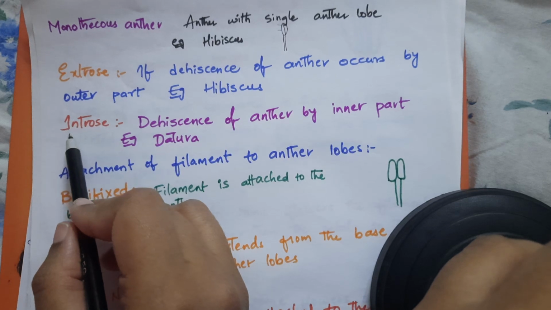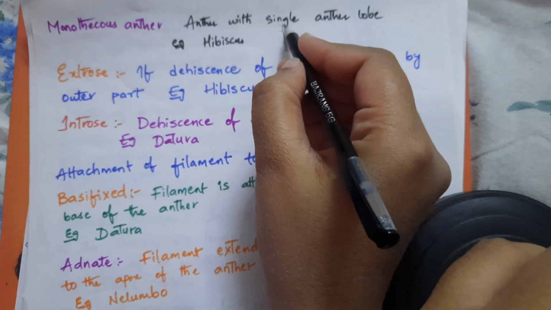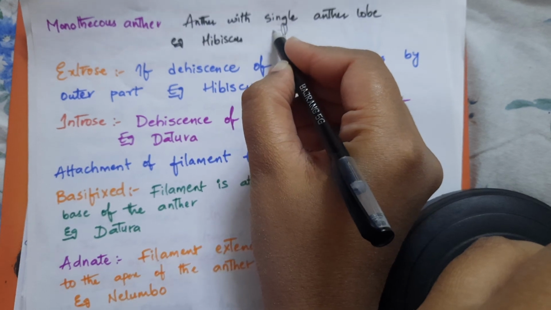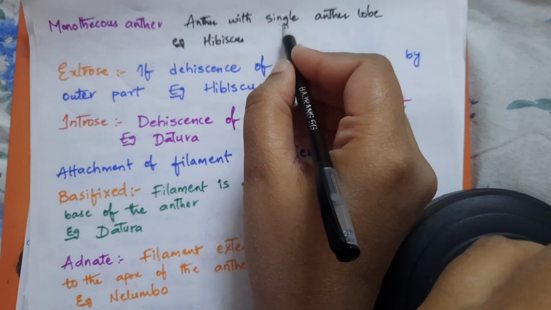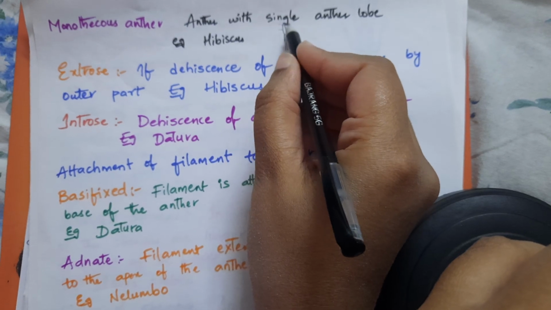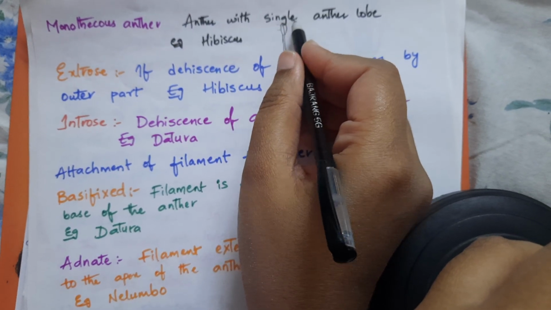Then the next is introrse, the dehiscence of the anther by the inner part. In the extrorse type the outer part takes part in the dehiscence, but in this introrse type the dehiscence takes place by the inner side. The inner part of the anther will dehisce and the pollen is released.